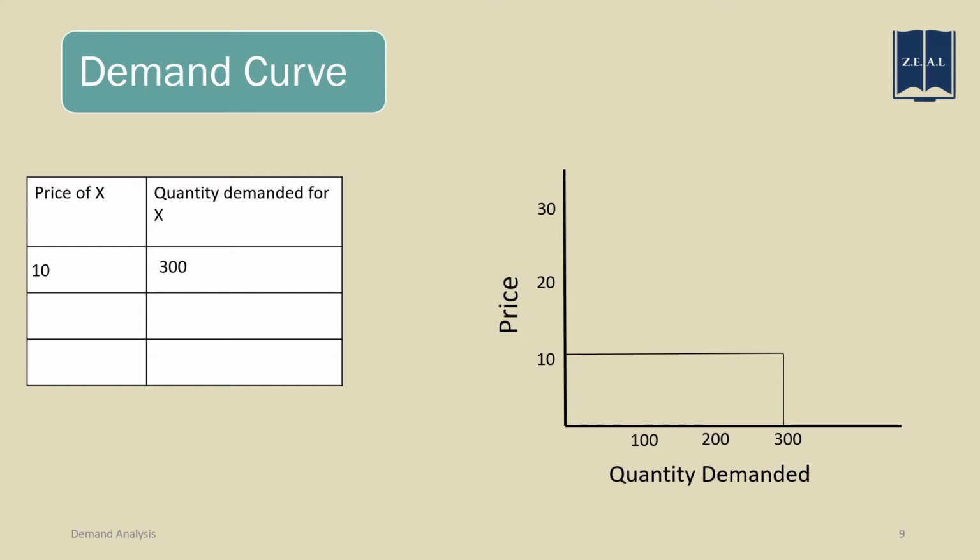So, with the increase in price to 20, the quantity demanded decreases to 200, and similarly, when the price reaches 30, the quantity demanded becomes 100. So, with the help of quantity demanded at different price levels, we can derive the demand curve. The red line indicates the demand curve, which is downward sloping to the right.